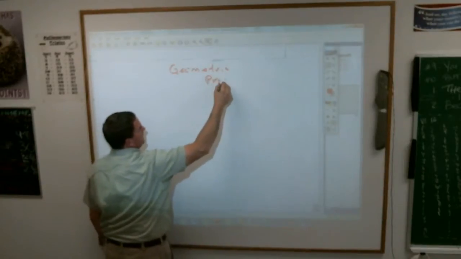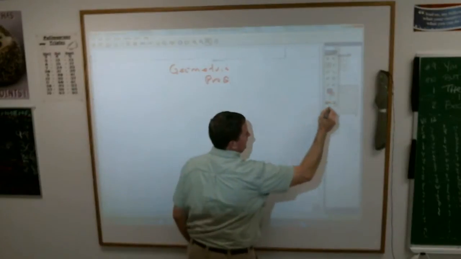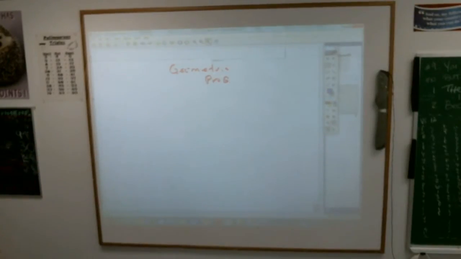Probability is nothing more than probability using shapes. I'm going to give you an example, and I think you'll catch on to what they're asking for here. Write this down.